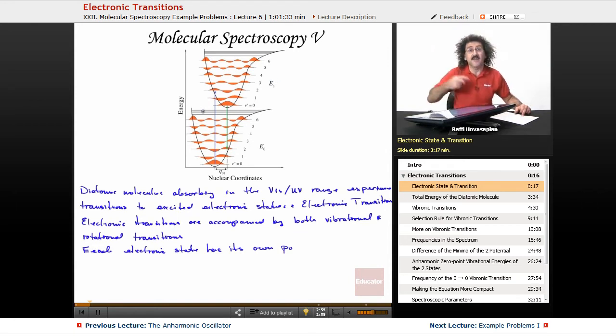It has its own set of vibrational energy states. And the excited electronic state, the one on top, has its own set of vibrational energy levels. So each electronic state has its own potential energy curve. And they don't necessarily need to look alike. One is not a copy of the other. It might look like it here, but they're not.